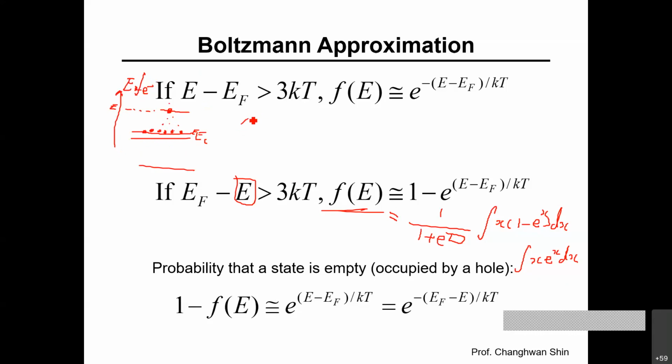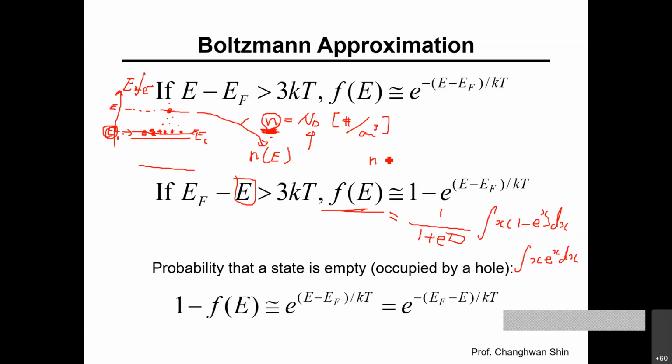Previously, for the last 1 month, we have learned the total number of electrons can be modified in n-type silicon material depending on the doping concentration. We can modify the total number of free electrons in the unit of per cubic centimeter. But here, my question is not this, but N of E. Depending on the energy level, I'm interested in this energy level. How many electrons having the energy level, say E sub 1, are available in the conduction band?